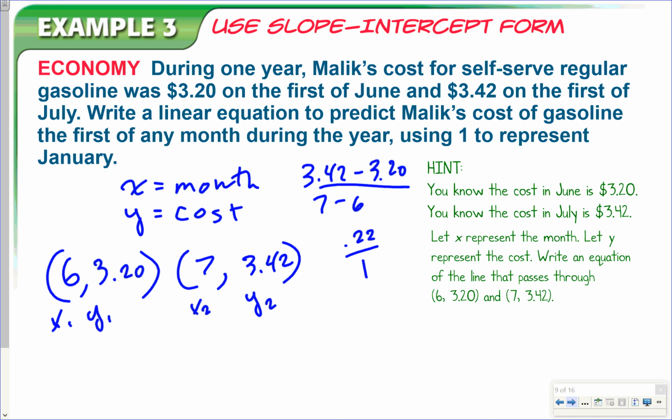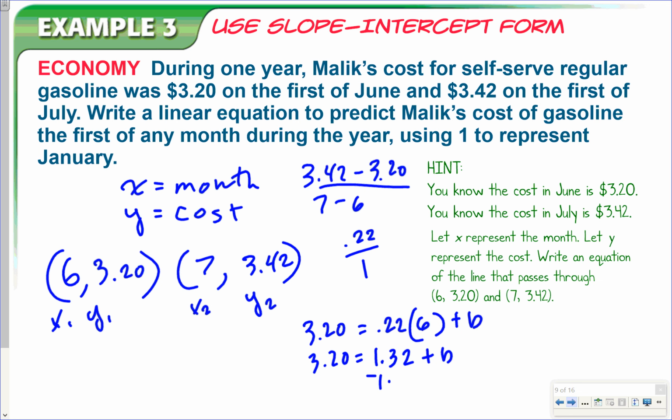Alright, so now I have that. Now I need to go 3.20 equals what? 0.22 times 6 plus B. Okay, so 3.20 equals 1.32 plus B, subtract 1.32 from both sides. 1.88 equals B. Okay, so what's my equation?